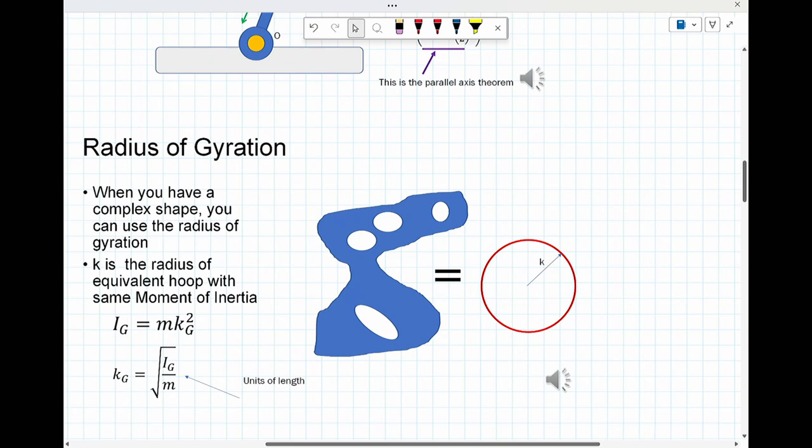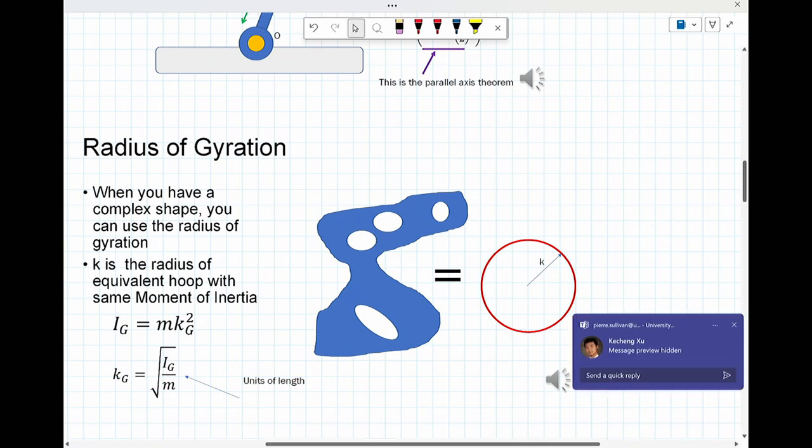Now, the other thing that we talked about, and this is again important, you may not be given any information other than the radius of gyration. Again, that's a legitimate way to ask you a question in this course. But say I have this crazy shape with all sorts of holes cut in it.